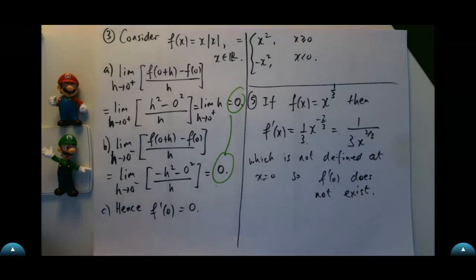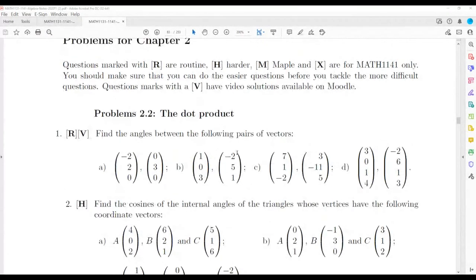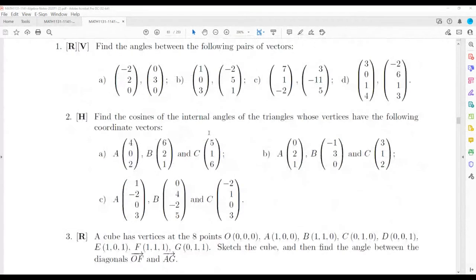All right, folks, let's move on to the algebra. There's lots of questions for algebra this week. I might just do some of the H questions, I think. Some of these questions are longer rather than difficult.